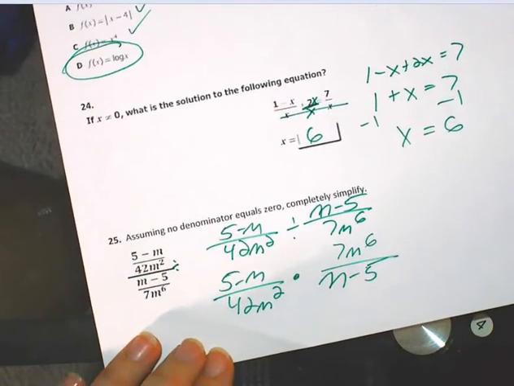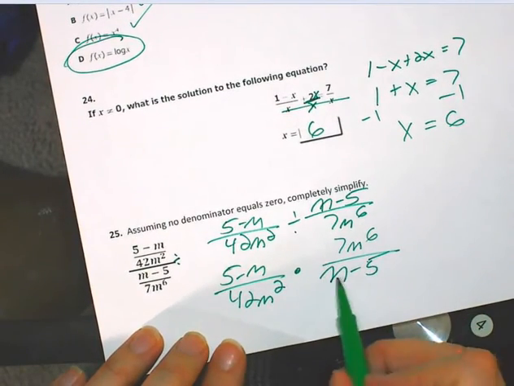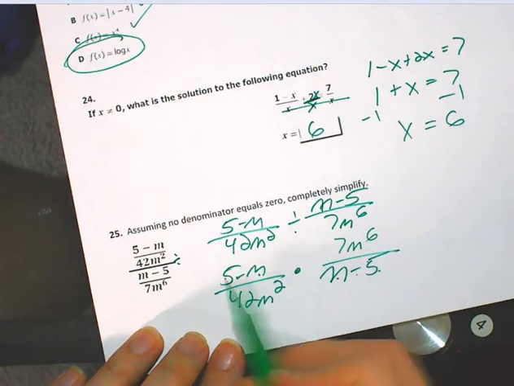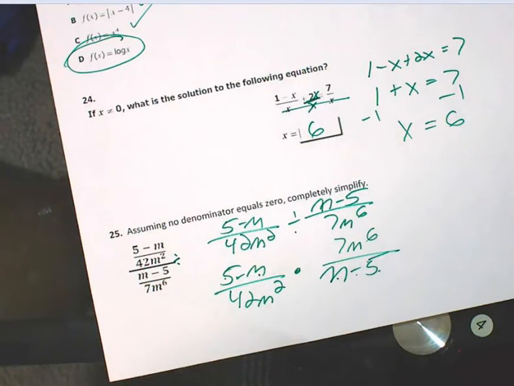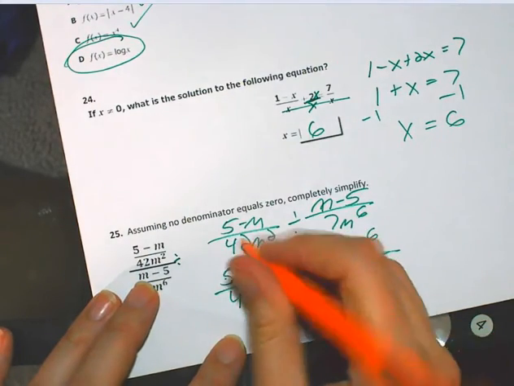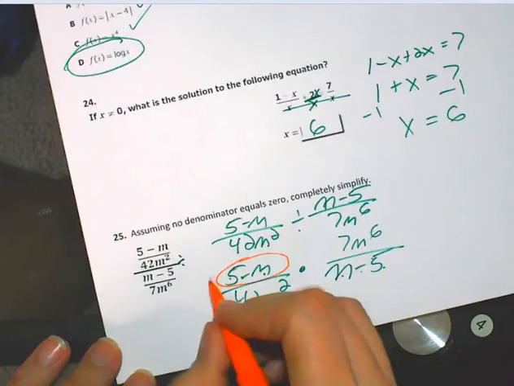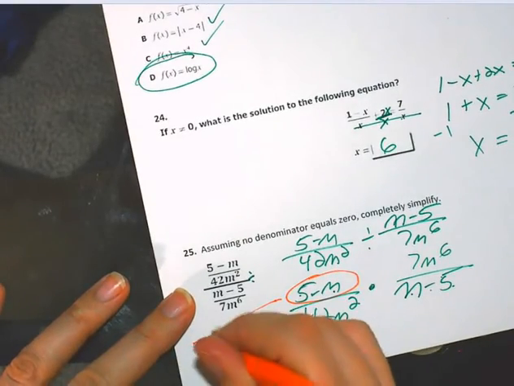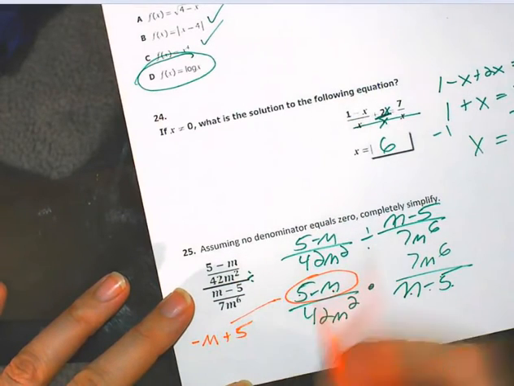All right, so now we can cross out. Notice m minus 5 and 5 minus m. They look similar, but they're different. Now, I want to switch this one up so that I can see what it looks like with the variable in front. I'm going to write this as negative m plus 5. All I did was switch the order. It's negative m, and then this 5 is positive.